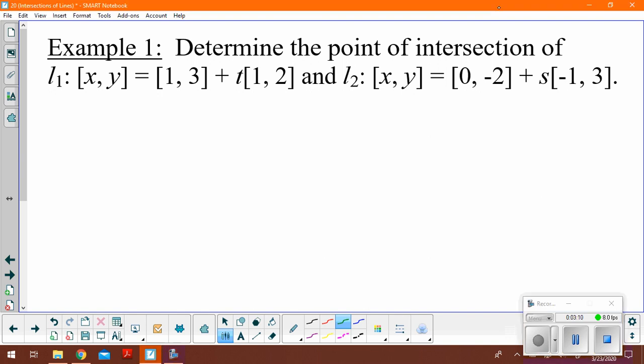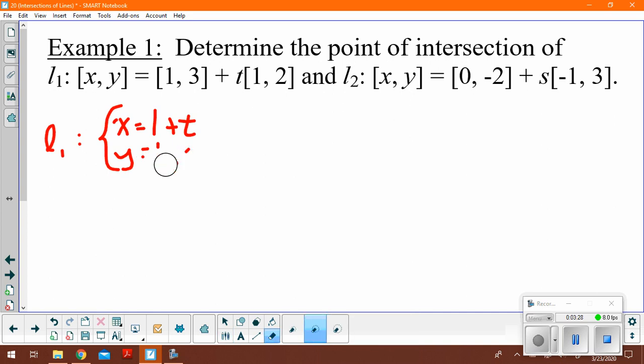So for my first equation, line 1, my parameters are x equals 1 plus t, and y equals 3 plus 2t.